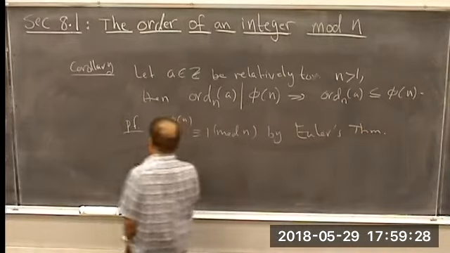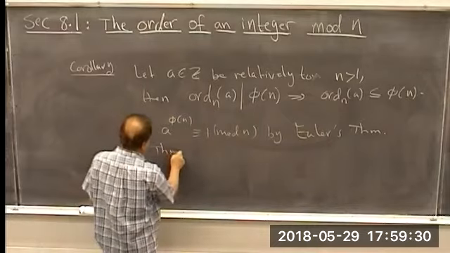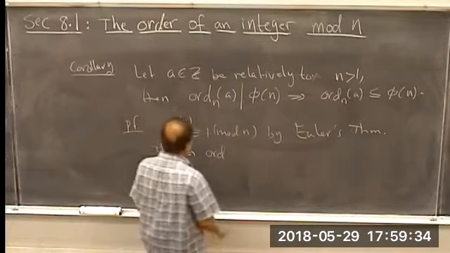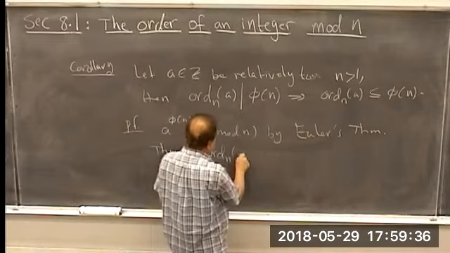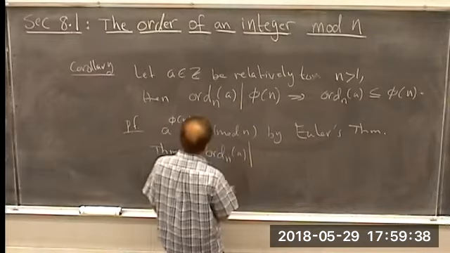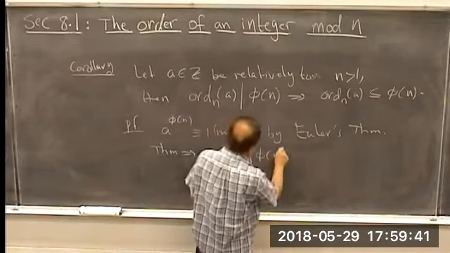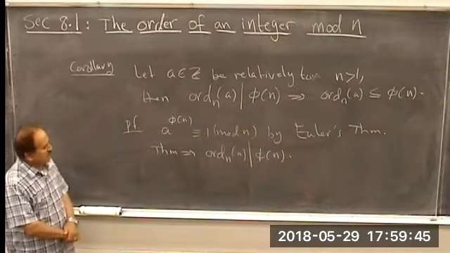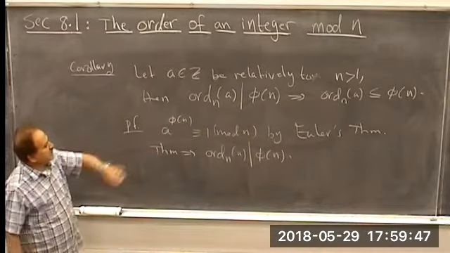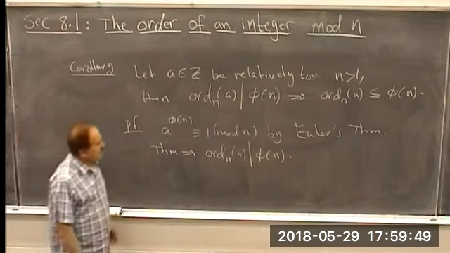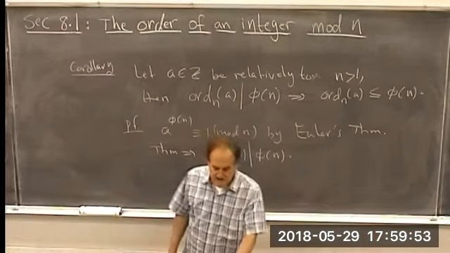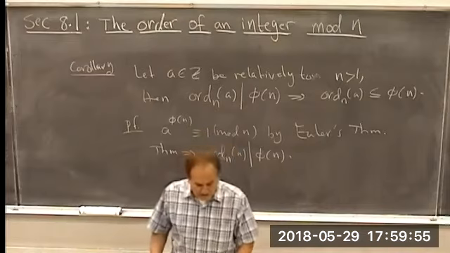And the theorem implies the order of A must divide phi of n, because we have an exponent of A to the phi of n congruent to 1 mod n, so the order must divide. All right, and as a result of this, of course, we have this inequality.